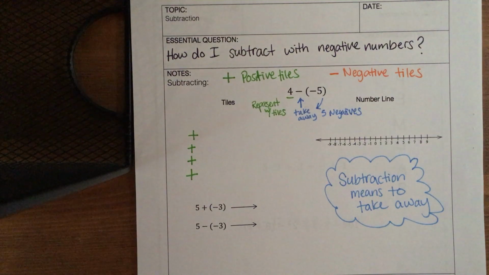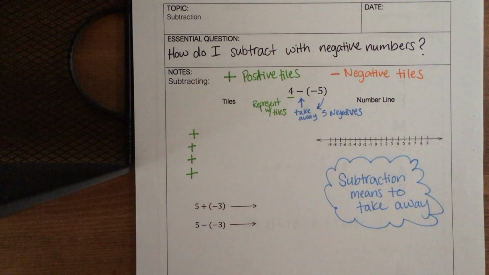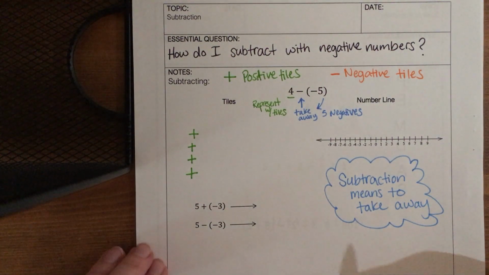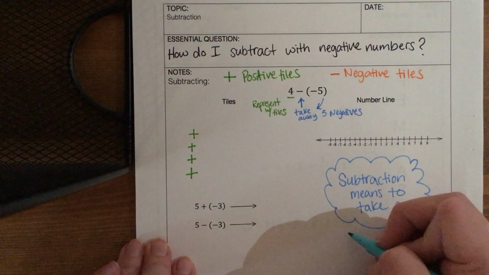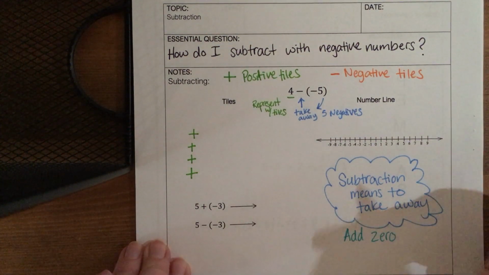So now I'm looking at this saying, well, here's the problem. I don't have 5 negatives. So what did we say we were going to do? We can add 0 pairs. So we're going to write this down here.